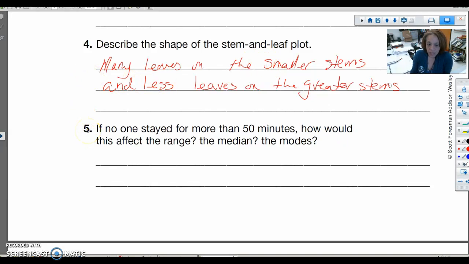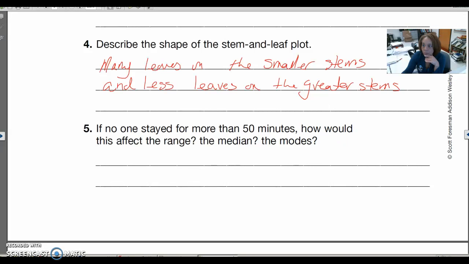So number 5 says, if no one stayed for more than 50 minutes, how would this affect the range, the median, and the modes? So now we have to think back. We were talking about how long people stayed at Andrea's restaurant. Let me scroll up for you. And here we go.